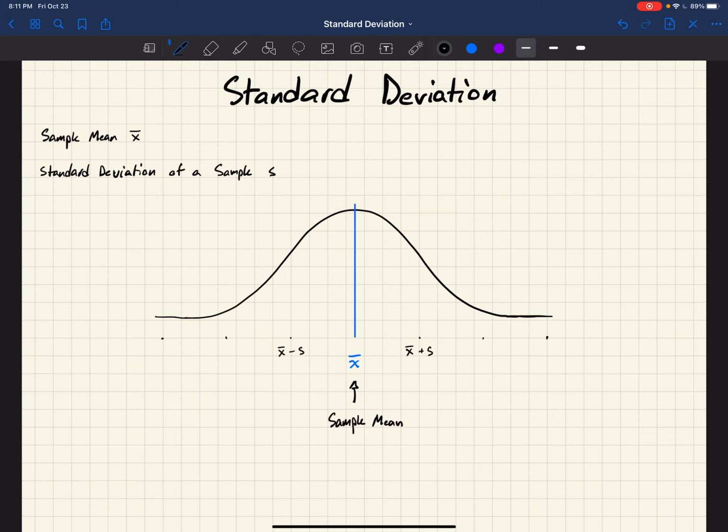Now we can do this for several different levels. Let's go two standard deviations above the sample mean. So we have the sample mean plus two standard deviations, and the sample mean minus two standard deviations. This is what we need to find two standard deviations below the sample mean.